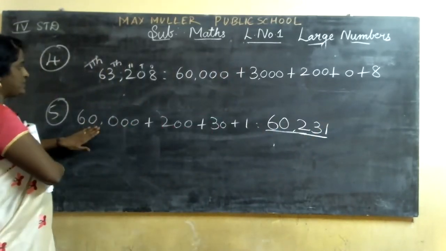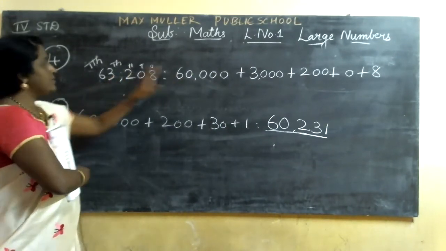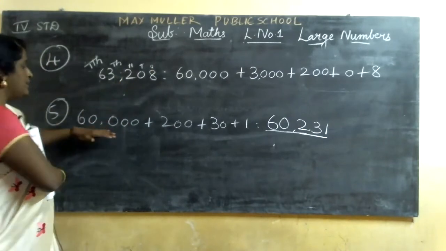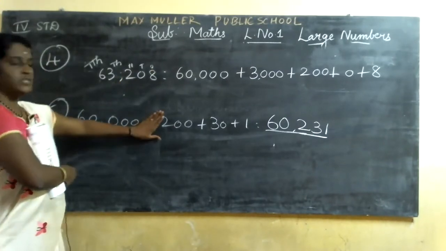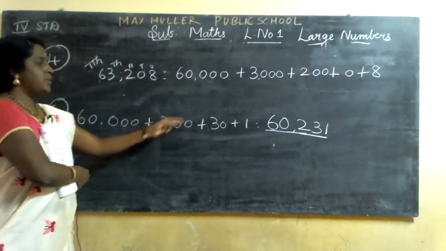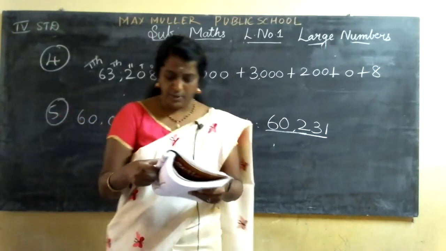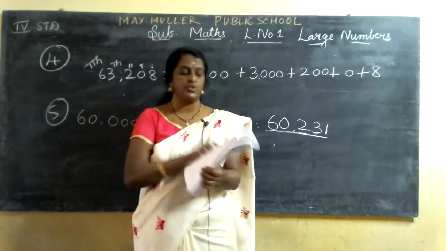Here 60,000, 63,000. So I have written 60,000, 3,200 like that. Here 60,000 is there. In the thousands place, nothing is there. So I have written 60,000 and 231. The next sum, this also you should do. The other 5 sums you should do, children.